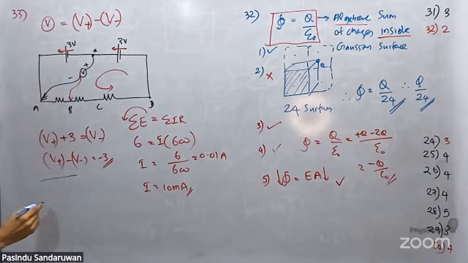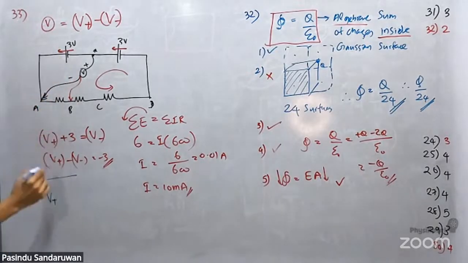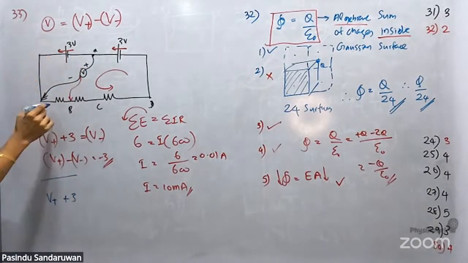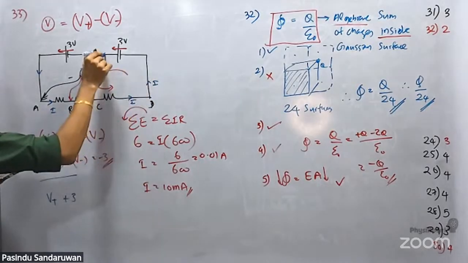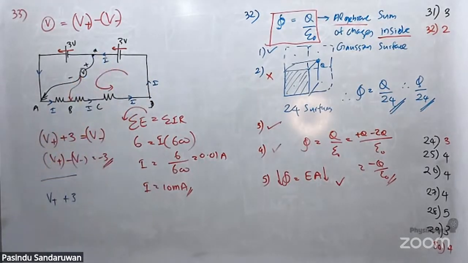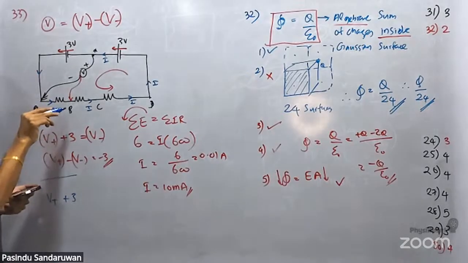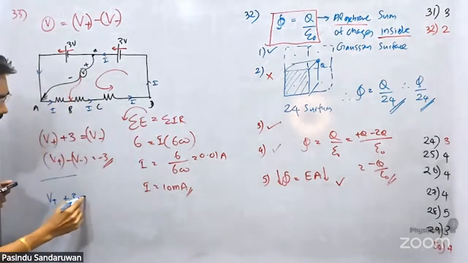Start from X. Then Vx is V plus, plus 3, and the current flows in this direction. This is how the current flows in this circuit. Now, when we go through the resistor in the same direction as the current, that is minus IR.